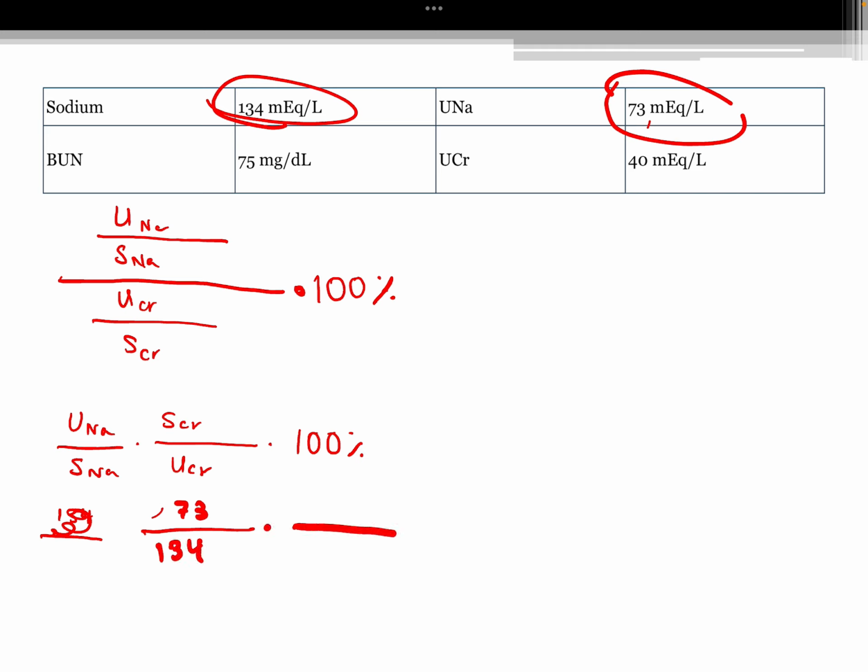And we're going to multiply that by our serum creatinine of 3, over our urine creatinine of 40. After we plug and chug that and then multiply it by 100, that should give us right at 4.08%.